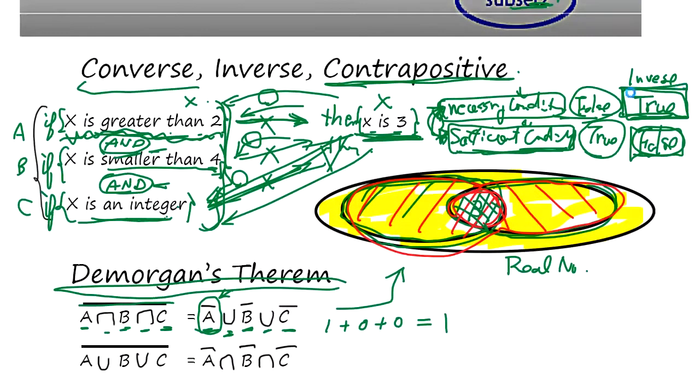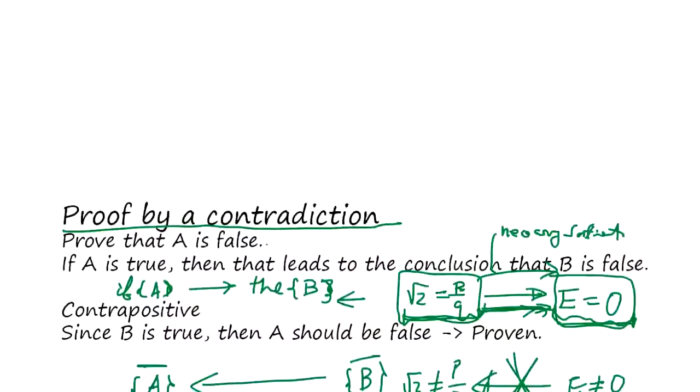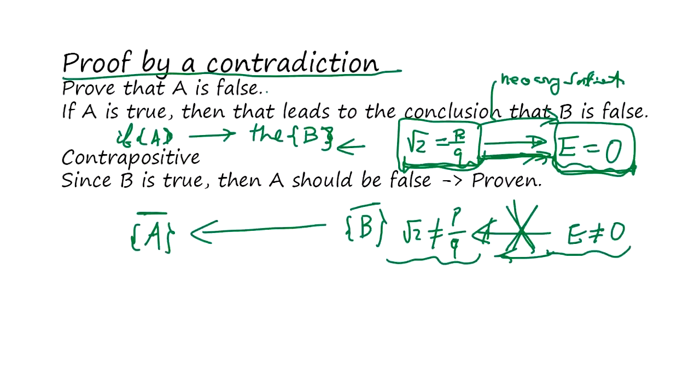Here, remember? Sufficient condition, the other way is necessary condition and inverse. Sufficient condition, inverse is true. Okay, so this sufficient condition is good enough.